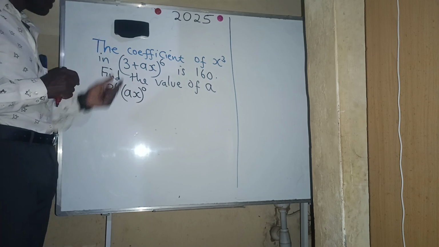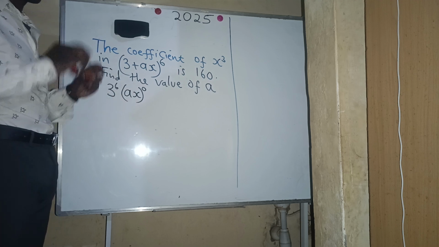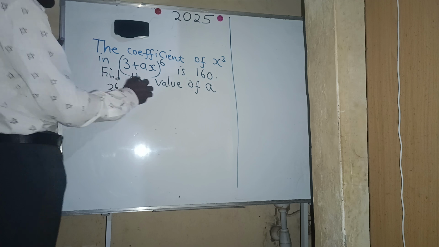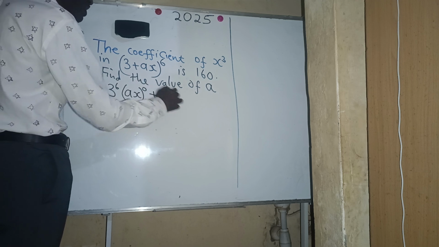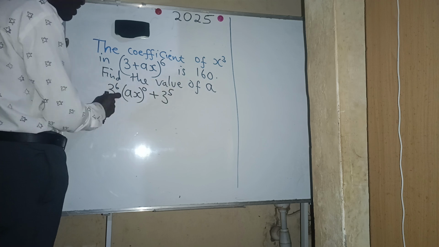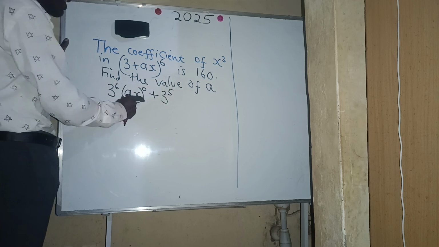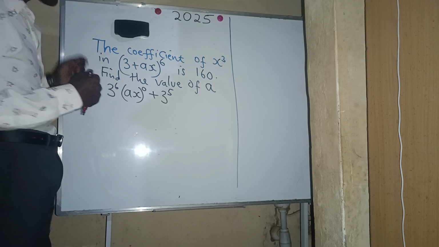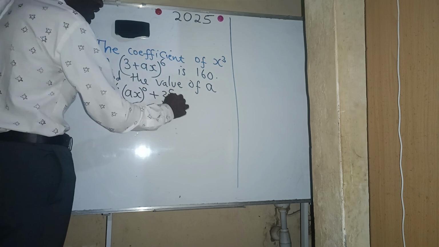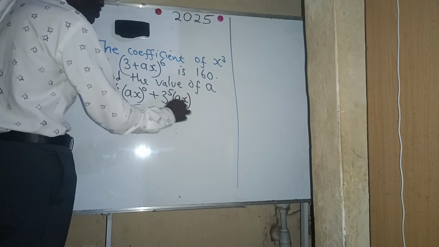Forget about the plus, combine them and make them one part. So then I'm going to have plus, again, 3 raised to 5, in that decreasing manner as far as the first part is concerned, and in that increasing manner as far as the second part of that expansion is concerned. So I'm going to have ax raised to 1.